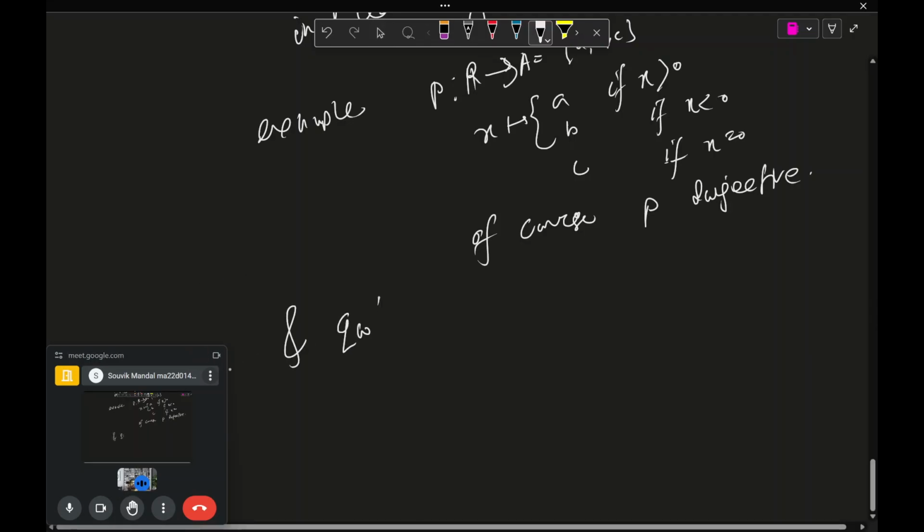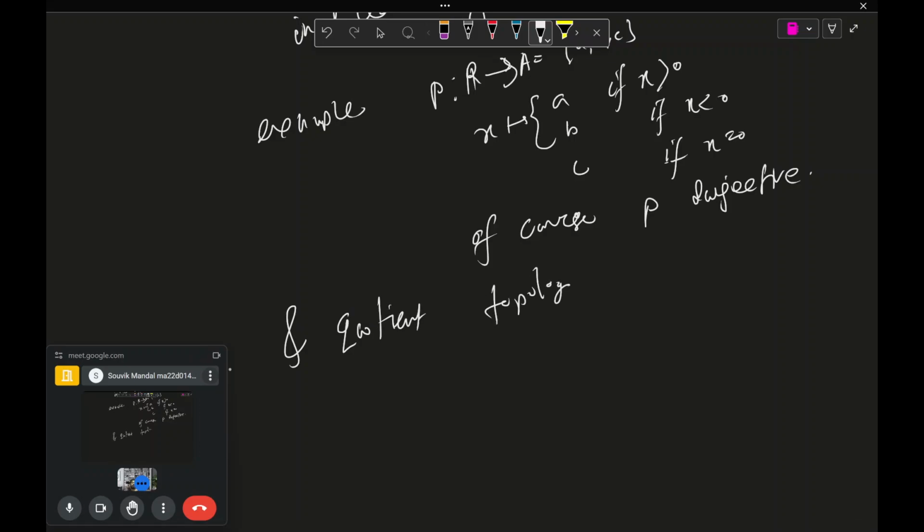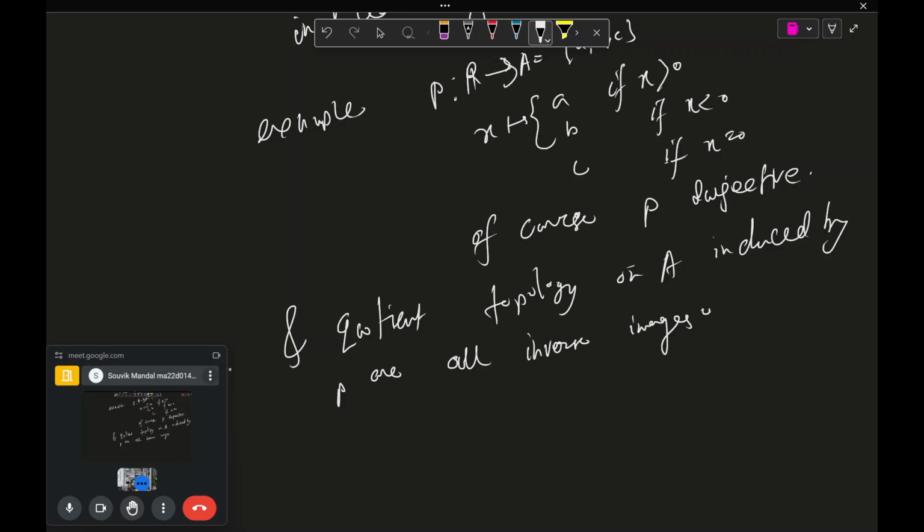And the quotient topology on A induced by p are what? Are all the sets whose inverse images are open subsets of R. So these are what?